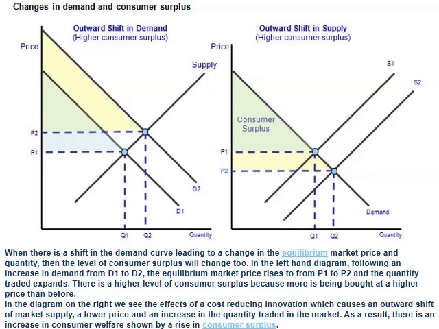Now what we see here are changes to consumer surplus when the demand curve shifts. In the first example, we can see an outward shift in the demand curve. In other words, there is an increase in demand. And we can measure the change by the original CS at P1, which was this area here, this triangle.